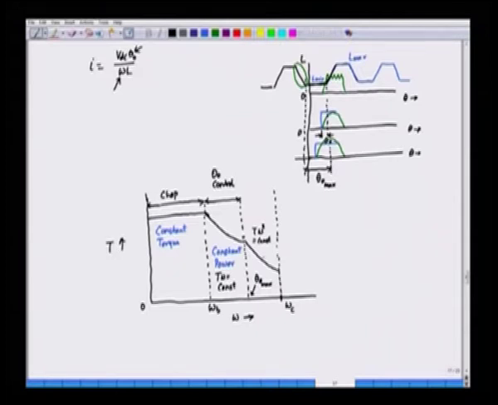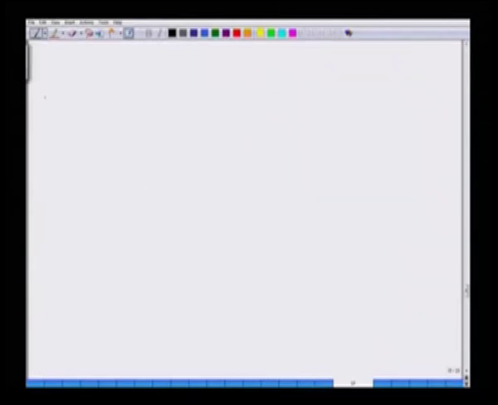Now, let us see a closed loop speed control block diagram of a switched reluctance motor drive.